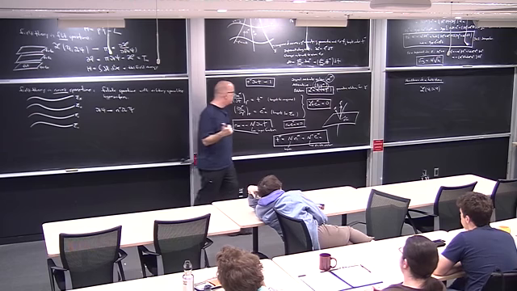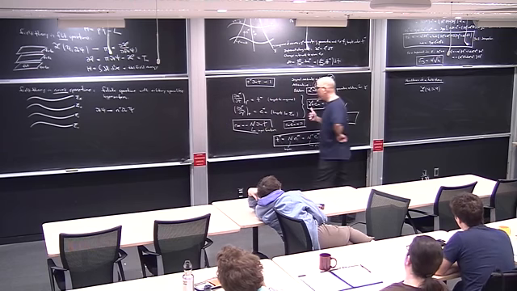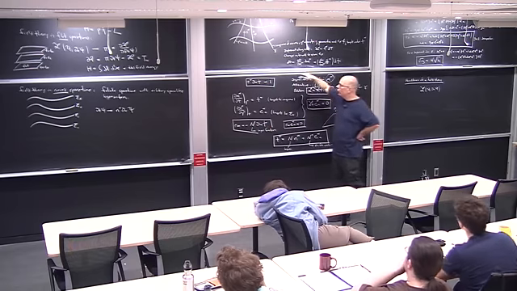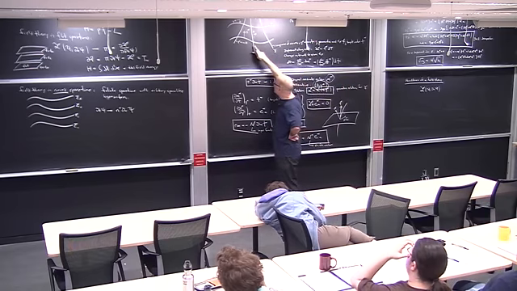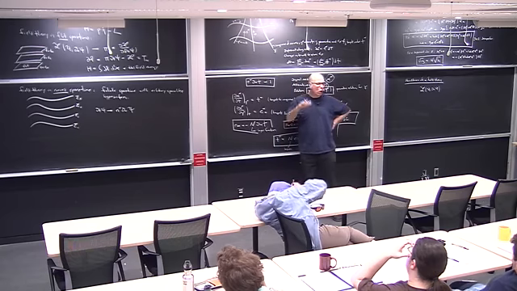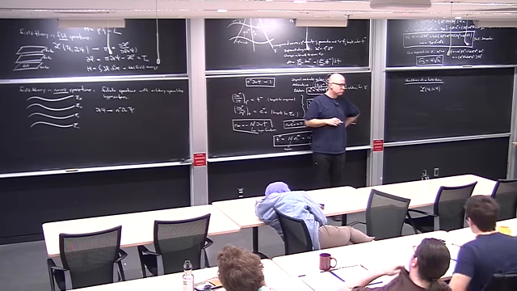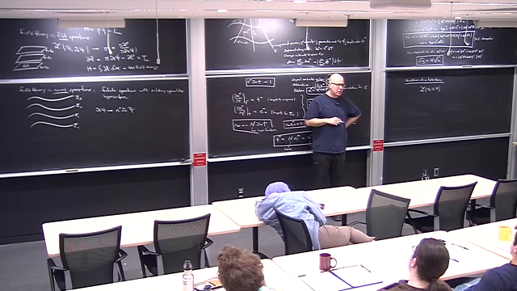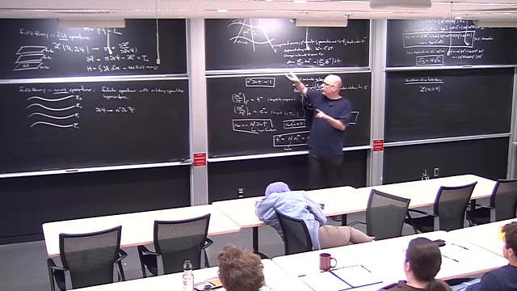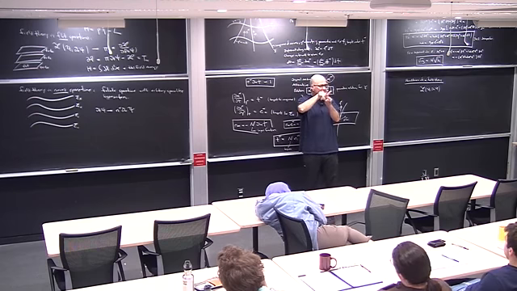There's an alternative choice, which would be to define the time derivative of the field to be, instead of the normal derivative, just the derivative along the congruence. Those are not the same thing. So either I go along the flow or I go along the normal, but the flow is not aligned with the normal.